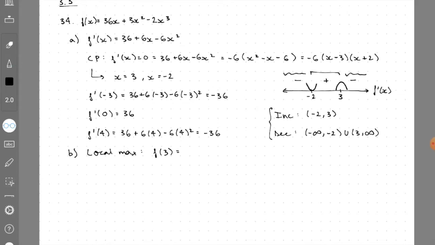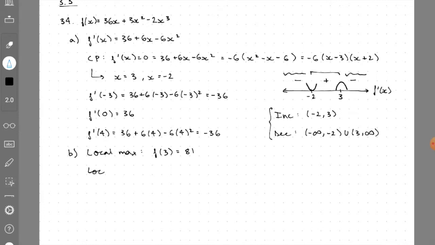So we would do 36 times 3 plus 3 times 3 squared, and then minus 2 times 3 cubed. That's going to give us 81. That's going to be our local max.